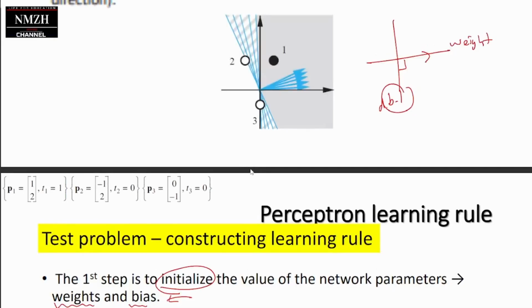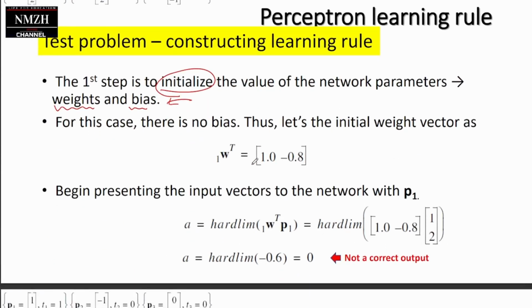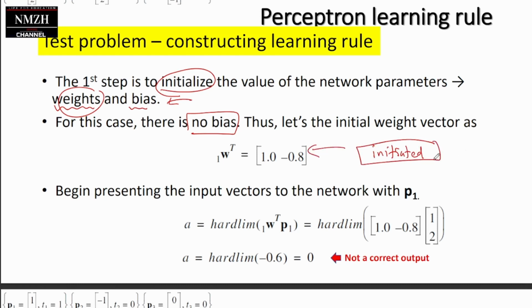So we need to declare the weight, need to find the weight. First there is no bias. Written here, so let's initiate the weight vector, W transpose. All we need to do is initiate the weight that we want to give to the input.